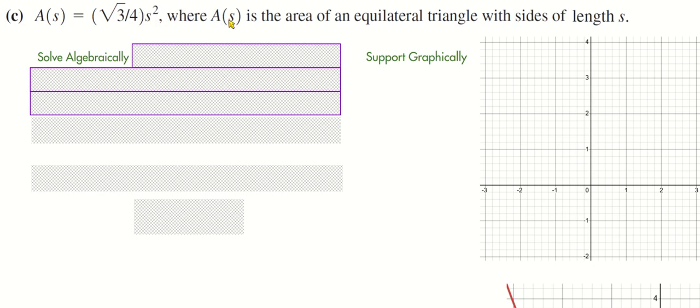This is representing the area of an equilateral triangle where S is the length of one of the sides, or all three sides, seeing as it's equilateral. So with that in mind, here's where I elaborate a little bit more on implied domain versus relevant domain.